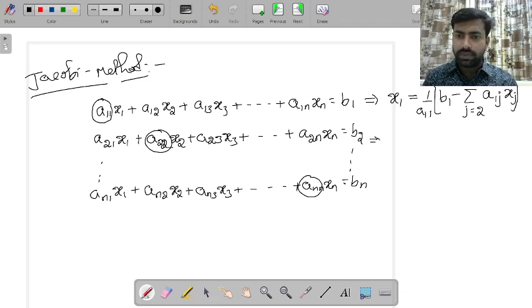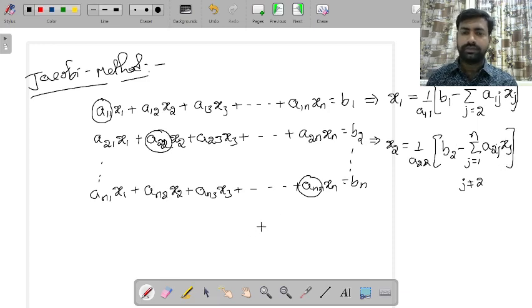Now from the second equation you can obtain x2: x2 equals 1 by a22 into b2 minus the summation over j equal to 1 to n, where j is not equal to 2, of a2j xj.